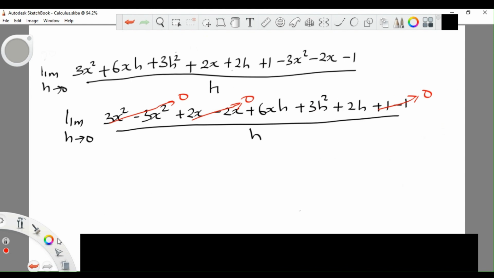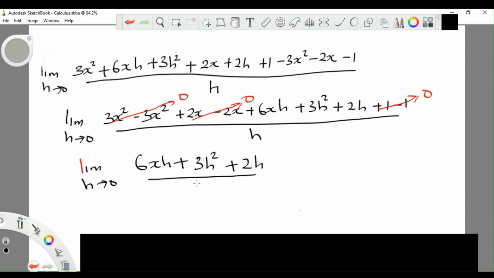So therefore, we have the limit as h tends to 0 of 6xh plus 3h squared plus 2h over h.